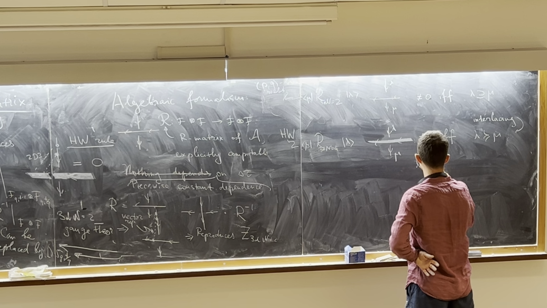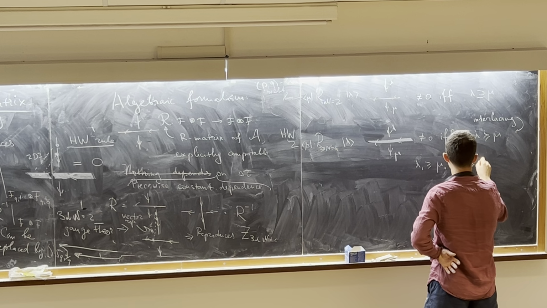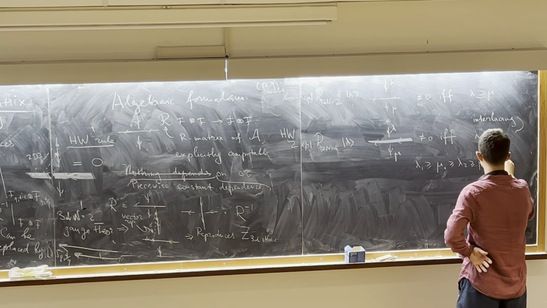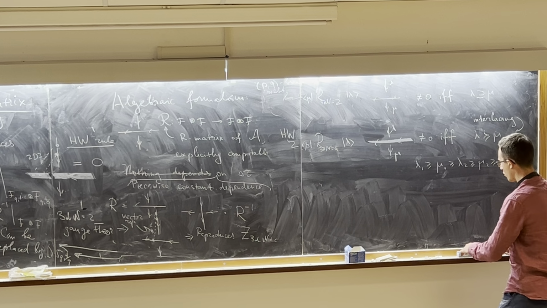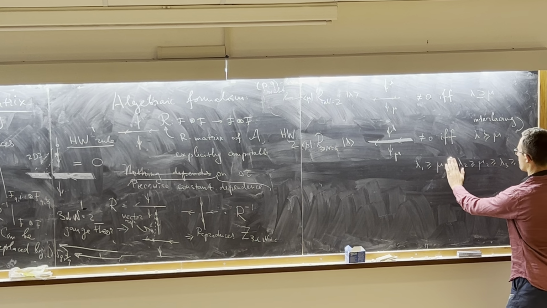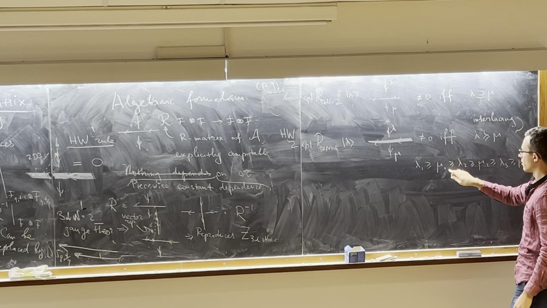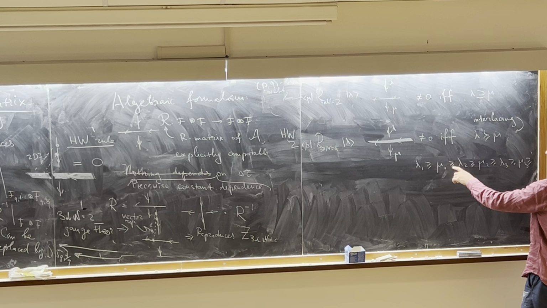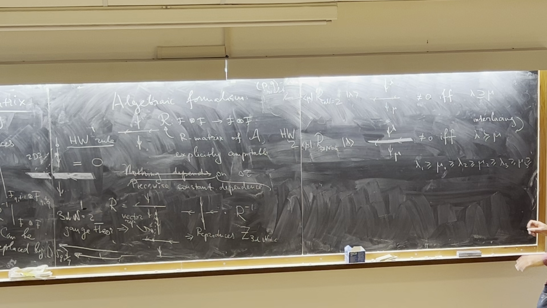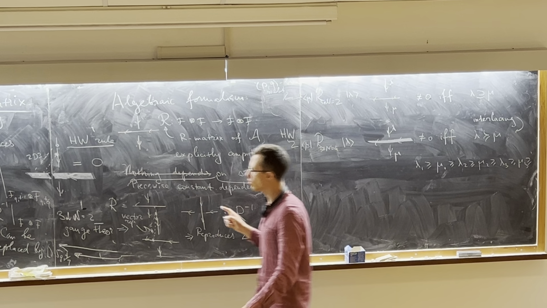It means lambda 1 is less than mu 1, is less than lambda 2, is less than mu 2, etc. So if you forget about this, then it is just this condition. But for interlacing diagrams, I have these extra conditions. And this constrains these lambda and mu diagrams a lot and plays a crucial role in the proof of this identity.